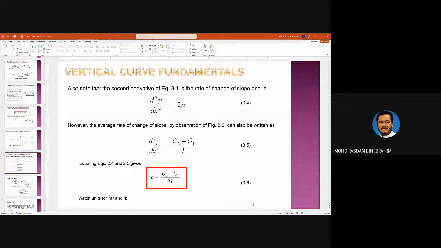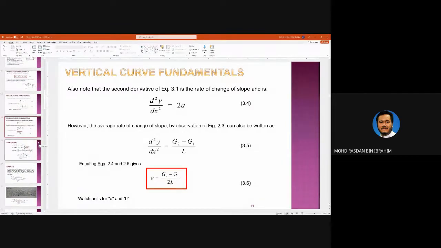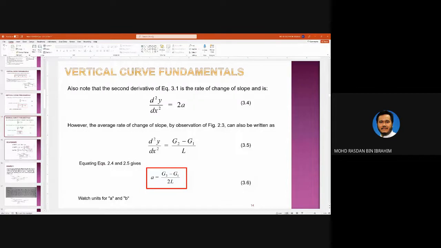So 2a, you already know from the first term. So you input it here. So it becomes g2 minus g1 over L. Okay. So A is g2 minus g1 over 2L. Okay, you use these two terms over here. So A we know, B and C we already know.